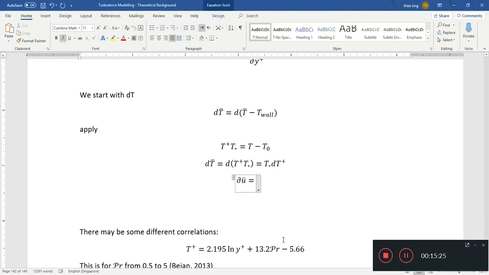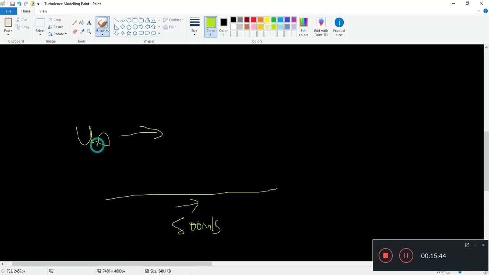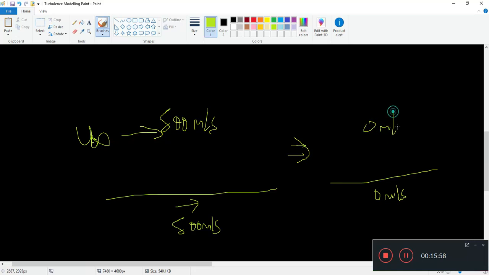And again, the importance is not the temperature but the velocity difference, right? If you have a wall that's moving at 500 meters per second and the fluid is also moving at 500 meters per second, it is actually the same as a wall at 0 meters per second with the fluid also moving at 0 meters per second.